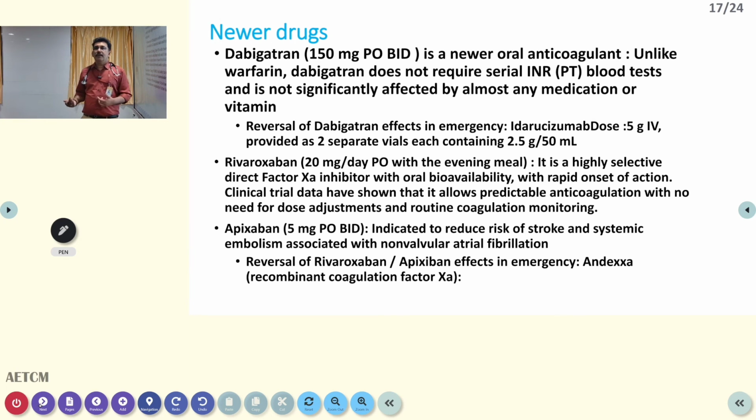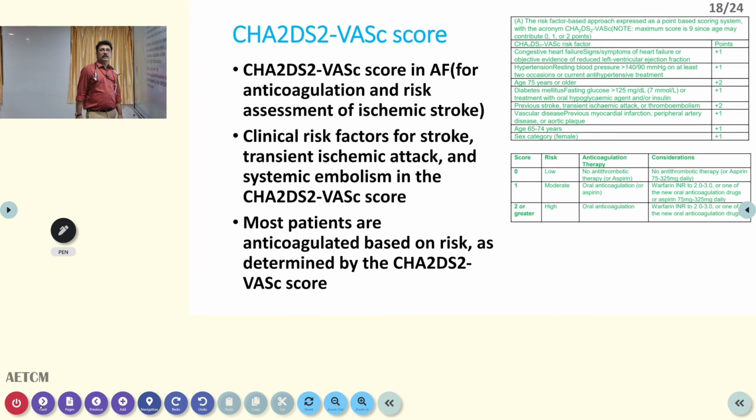So many drugs can interact with warfarin. It can either increase or decrease the activity of warfarin, and it has a high chance of bleeding. Whereas newer drugs have lesser interaction and lesser chance of bleeding. But even then, since it is a newer anticoagulant drug, there is a chance for bleeding. We have to be very careful when we start this type of drug.